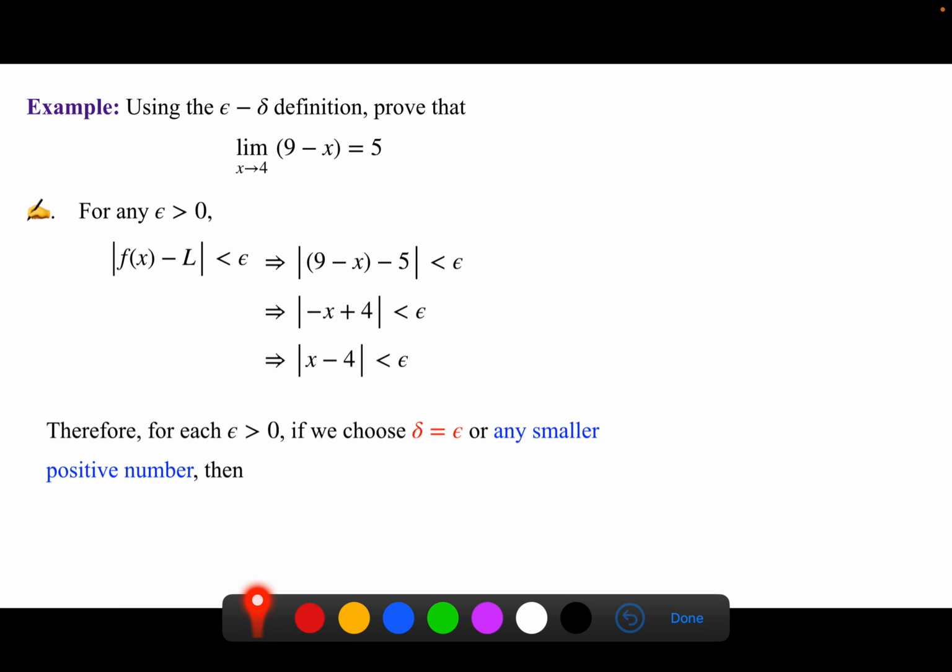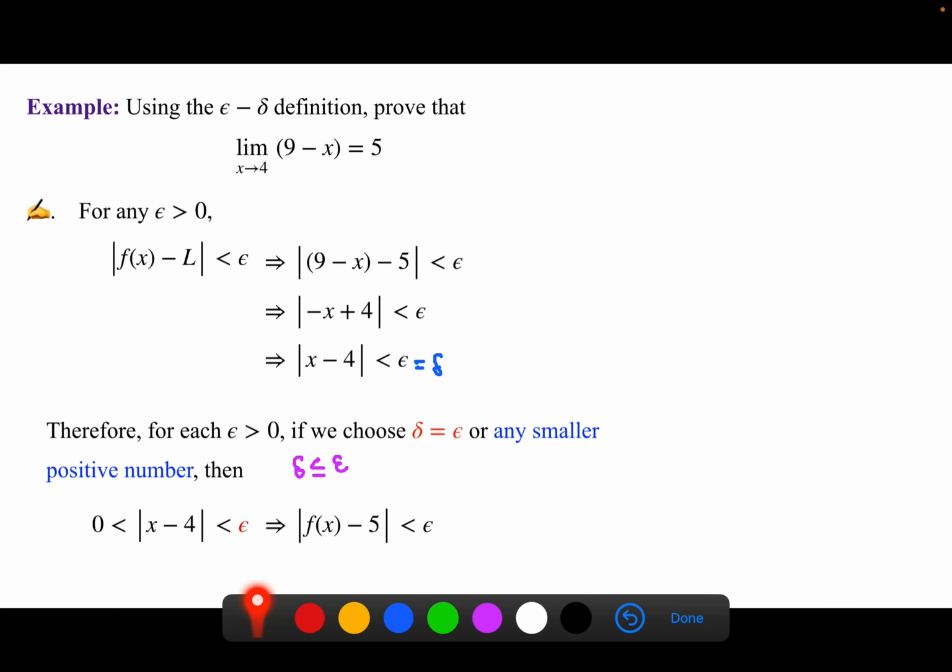Therefore, for each epsilon greater than 0, if we choose delta equal to epsilon or any smaller positive number, that is, delta less than or equal to epsilon, then this delta inequality for delta equal to epsilon implies this epsilon inequality.